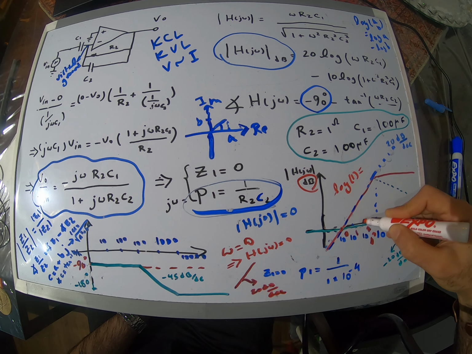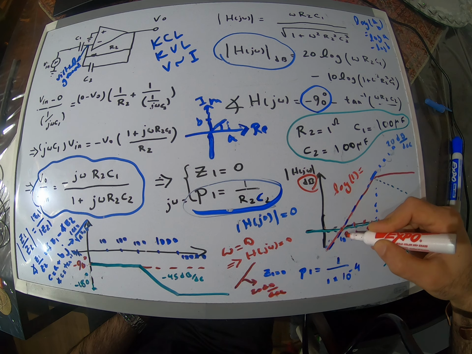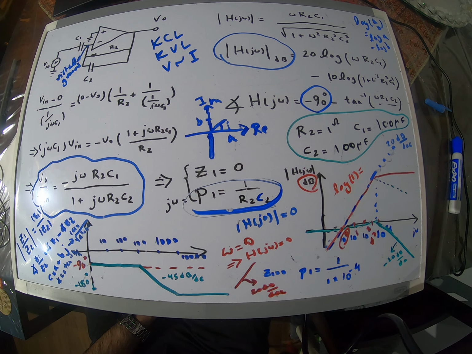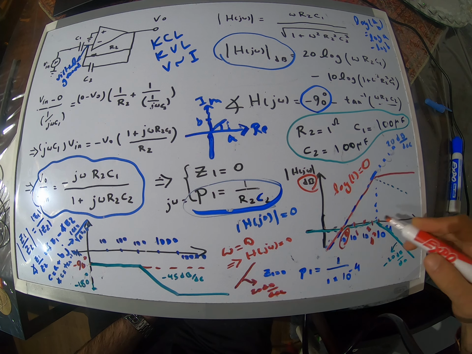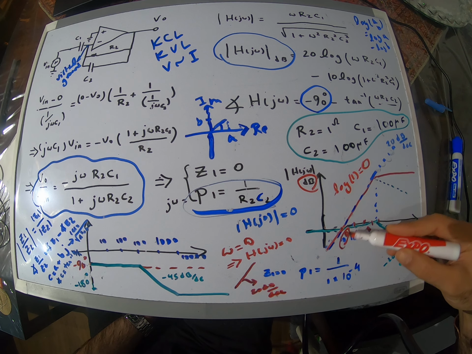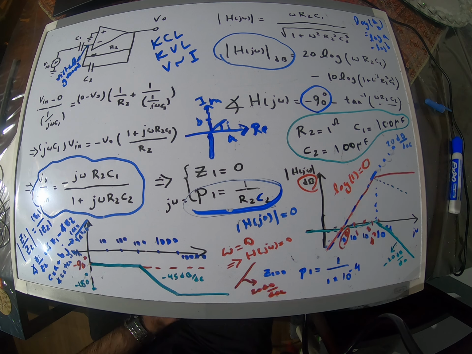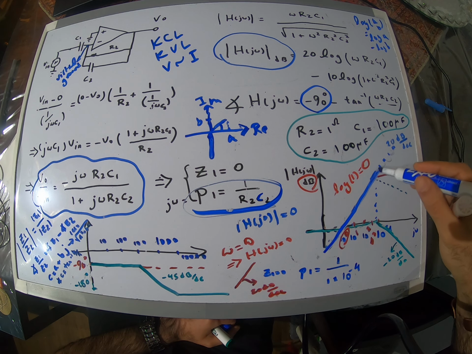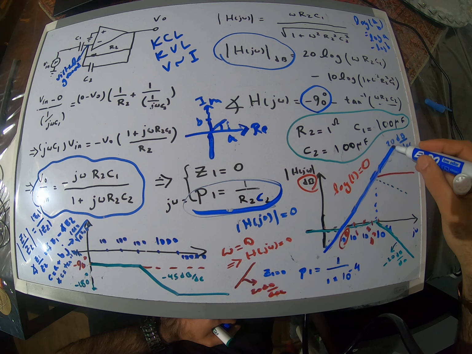And this is 10 to the power 4, let's say. This is 1, 10 to the power 0. What is log of 1? It is 0, right? So we know that our 0 line is going to cross here. This is the impact of the 0.